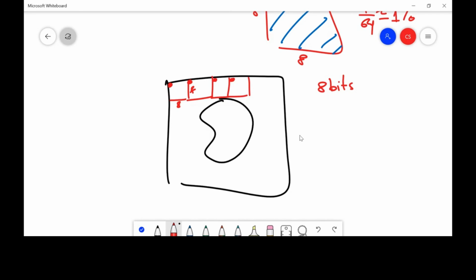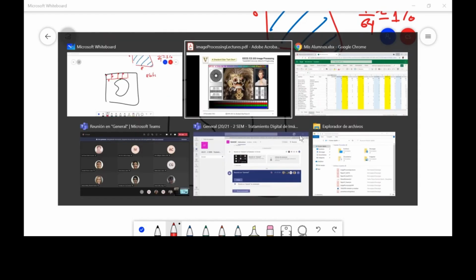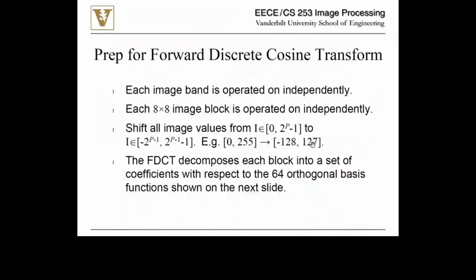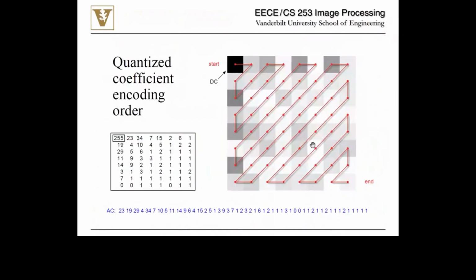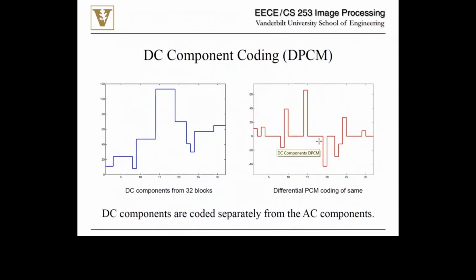So that means that adjacent blocks will have similar DC components. That is what is happening. What if instead of sending you the DC component, I send you the difference with the previous one?